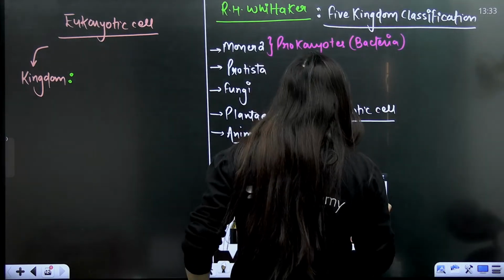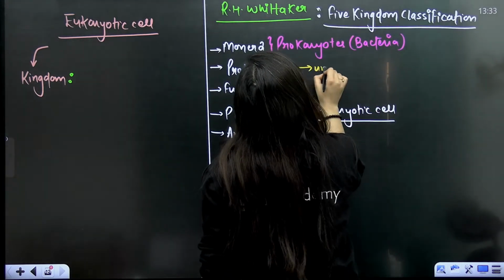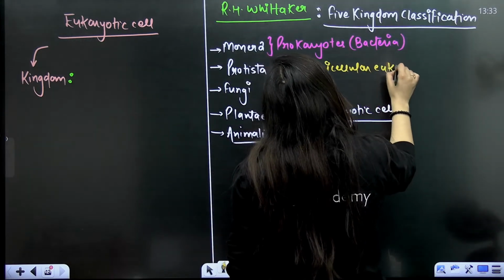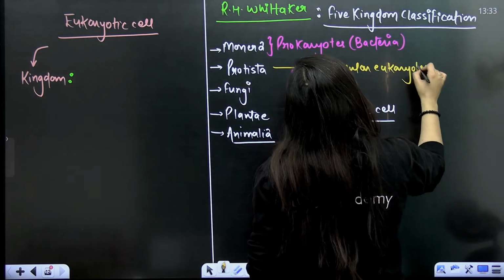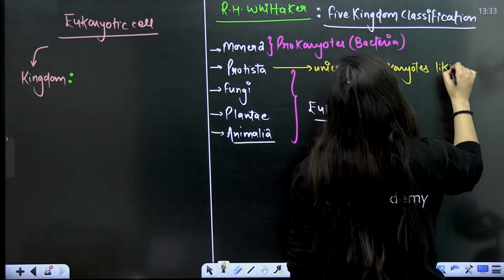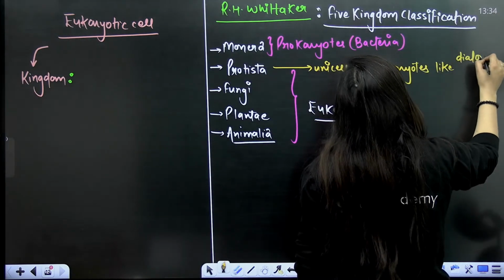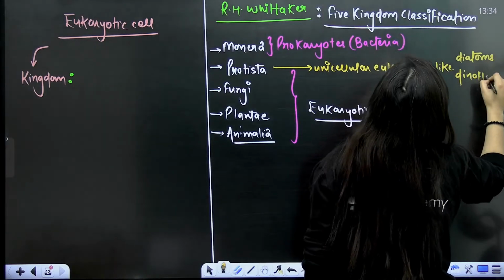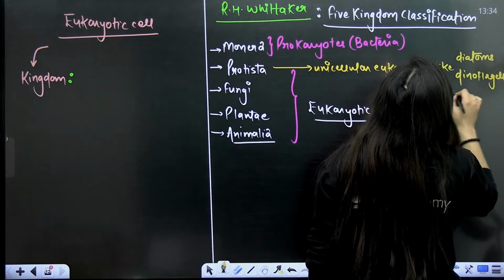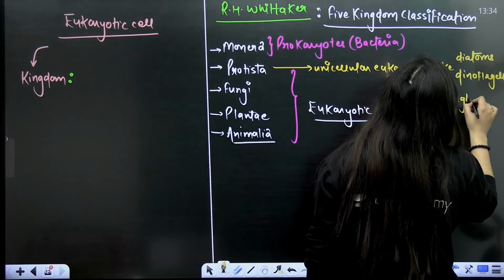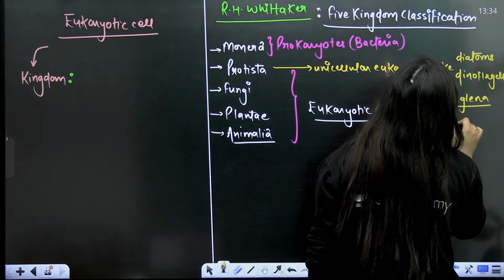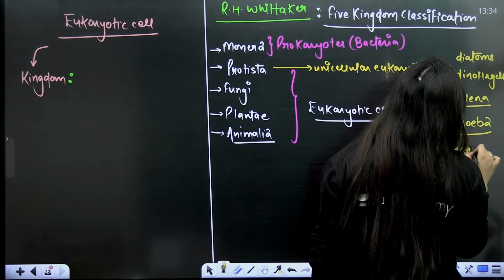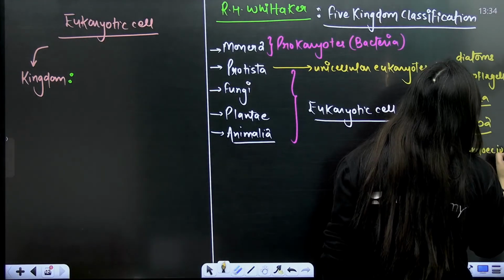And the Protista will include unicellular eukaryotes, like the diatoms, the dinoflagellates, euglena, amoeba, and paramecium. I'm just quoting the examples there.